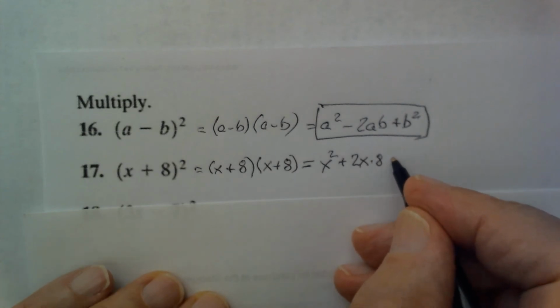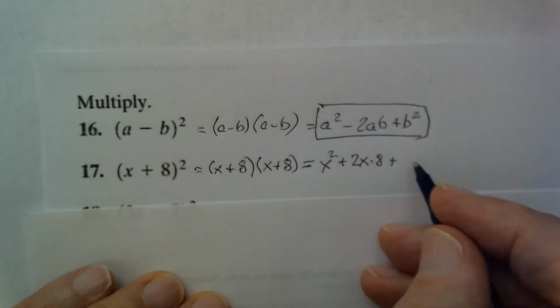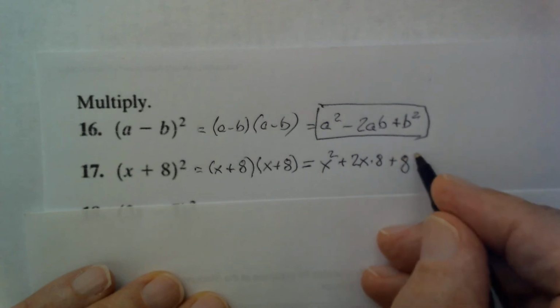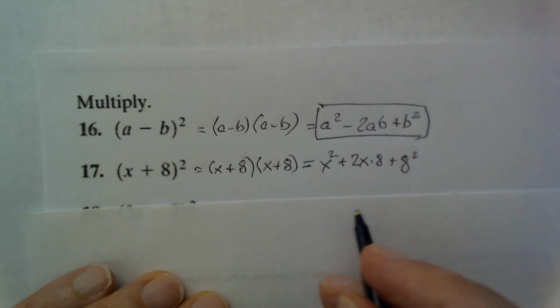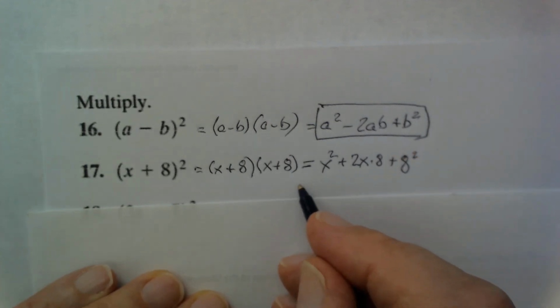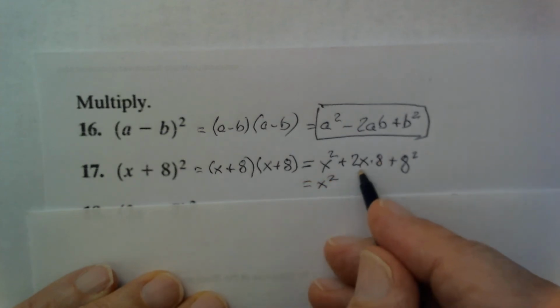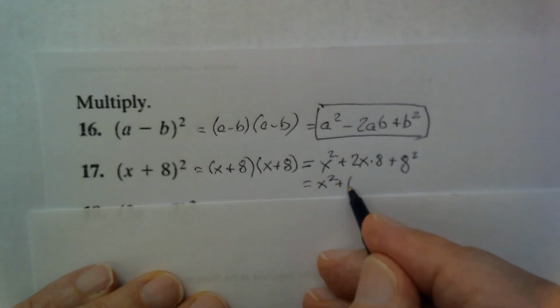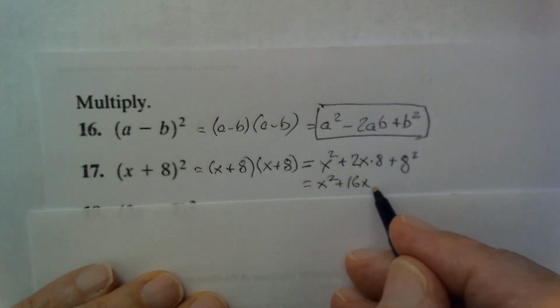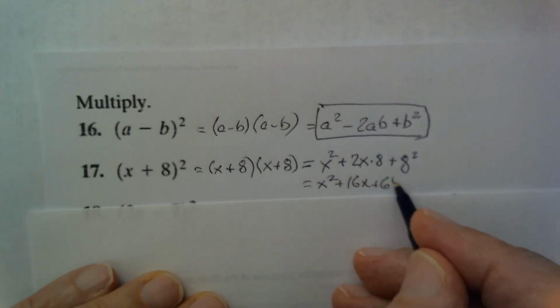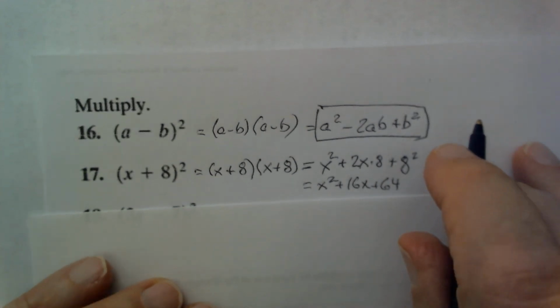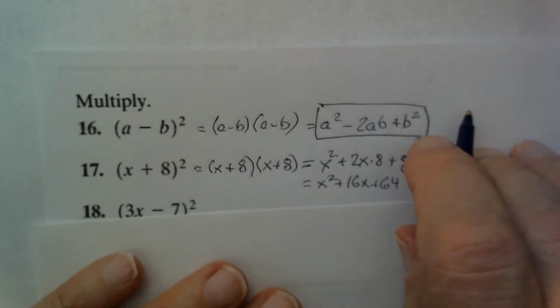And then instead of b, we have 8. So b squared would be 8 squared in this case. And so that simplifies then to x squared, and 2 times 8 is 16, plus 16x. And of course, 8 squared is 64. So that would be the answer for this exercise here.